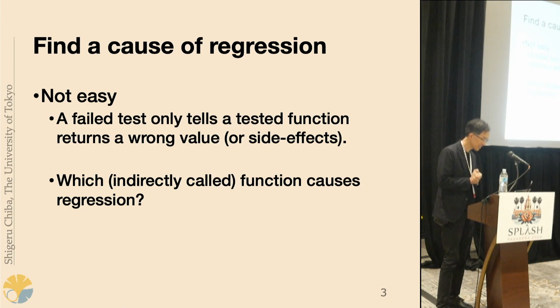But the question is, which indirectly called function from the top-level unit test causes a regression? If you write a unit test for every function, identifying the cause of regression would be straightforward. But the reality is a little bit different.